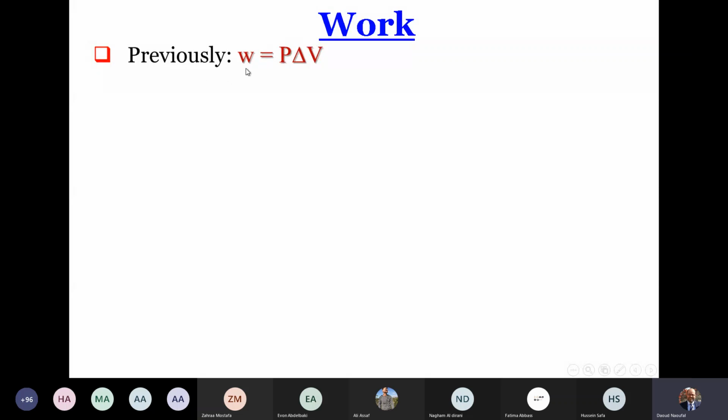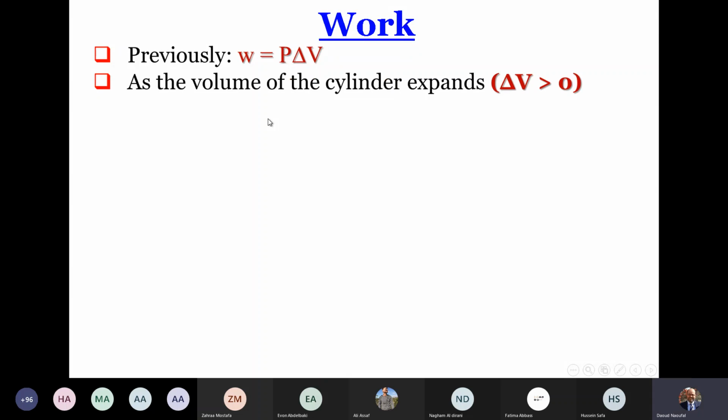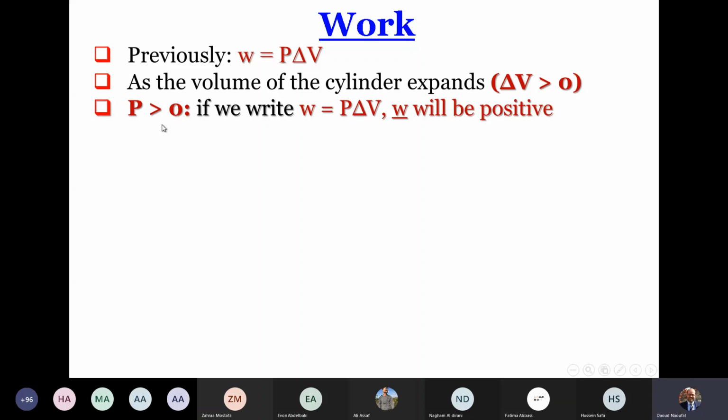Previously, we wrote W equal P delta V. Suppose we have expansion of a gas. So the volume final is greater than the volume initial, or in other words, the volume of the gas after expansion is greater than the volume of the gas before expansion. So delta V is positive, and the pressure is positive.